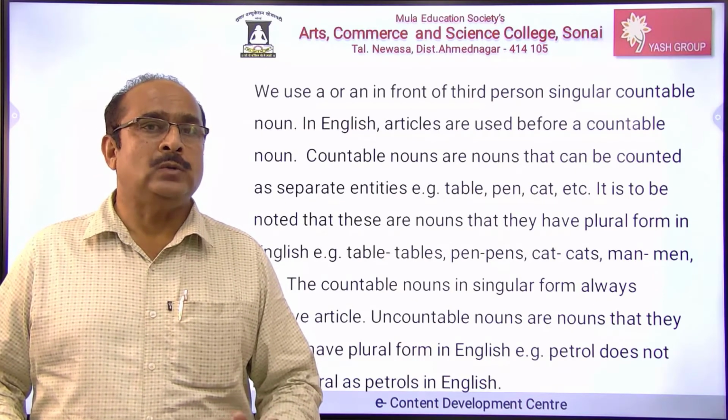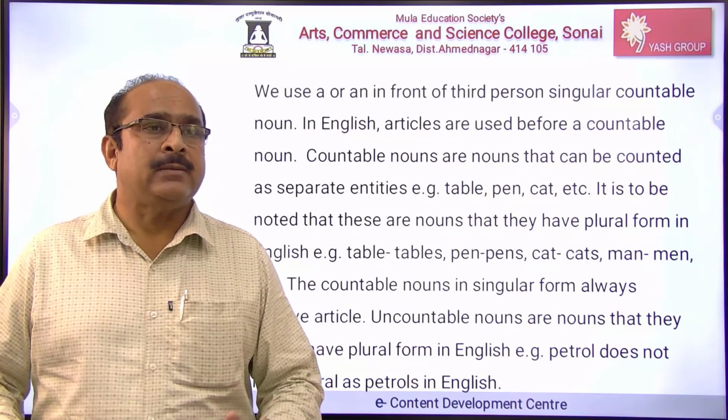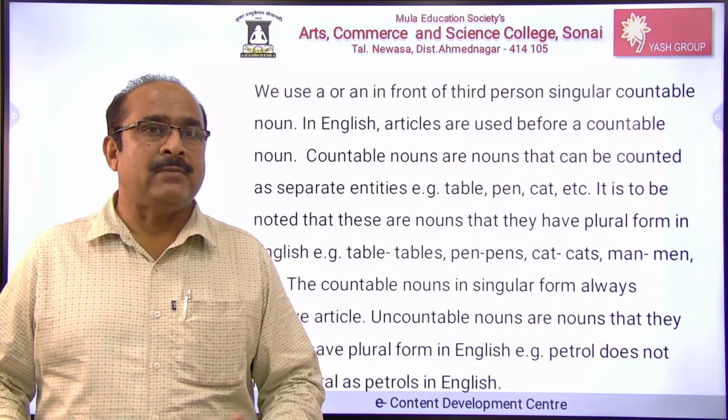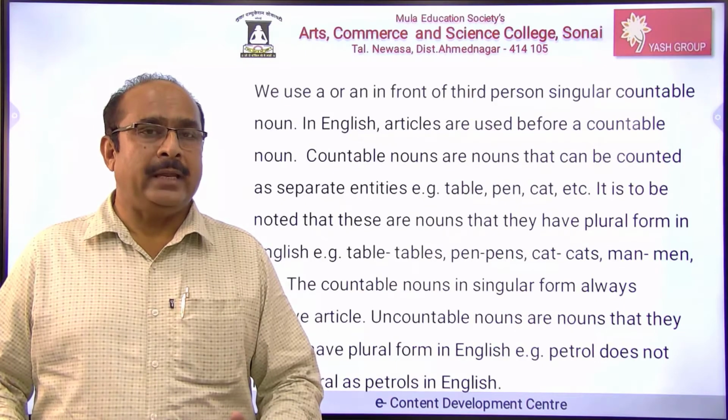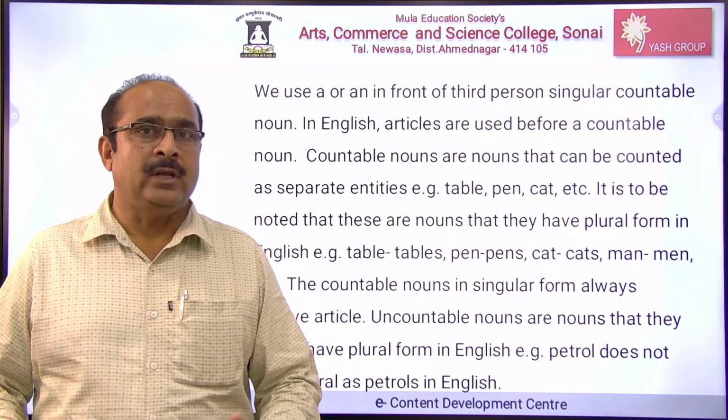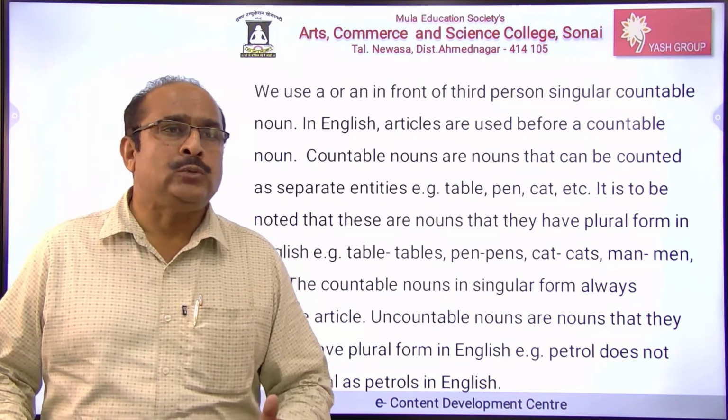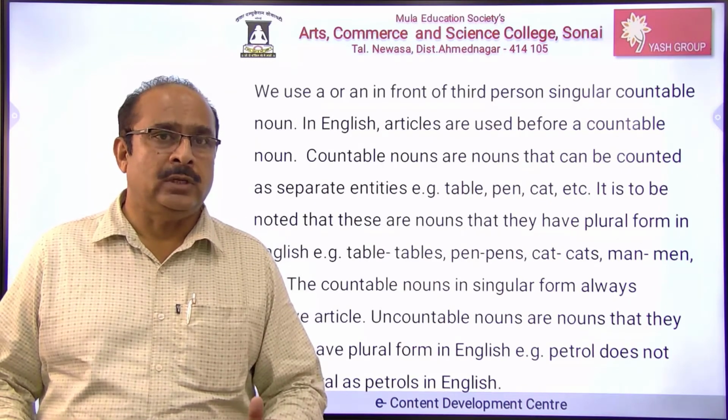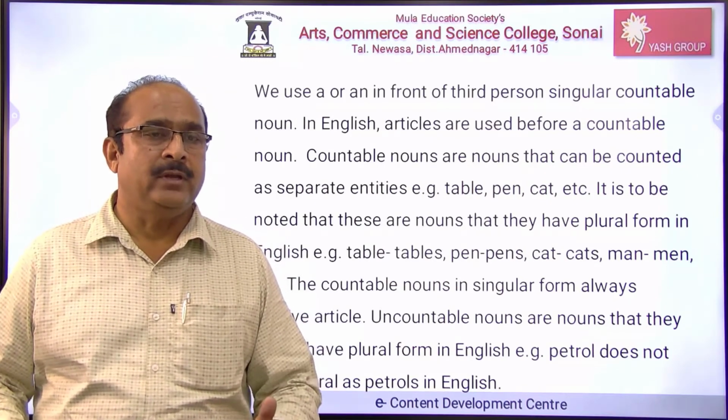Countable nouns are nouns that can be counted as separate entities. For example, table, pen, cat, etc. It is to be noted that these are nouns that have plural forms in English.